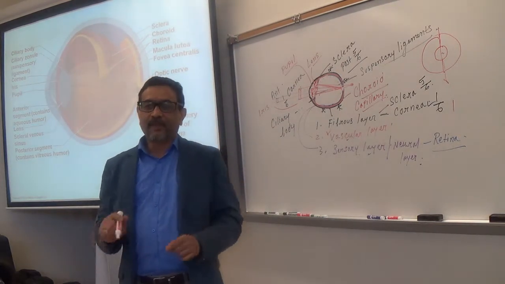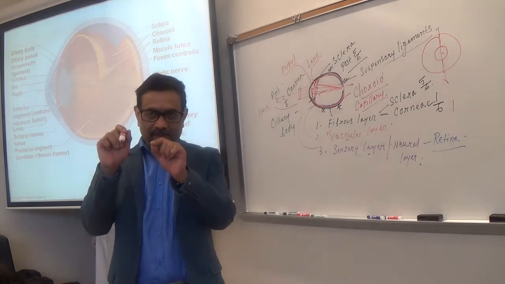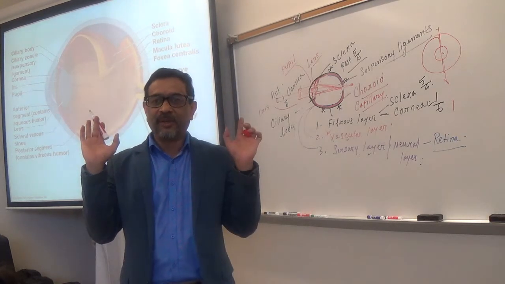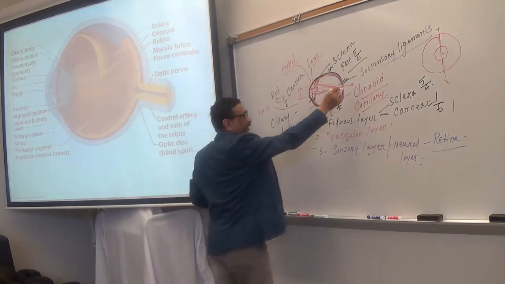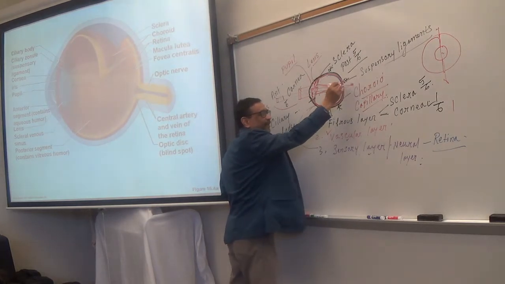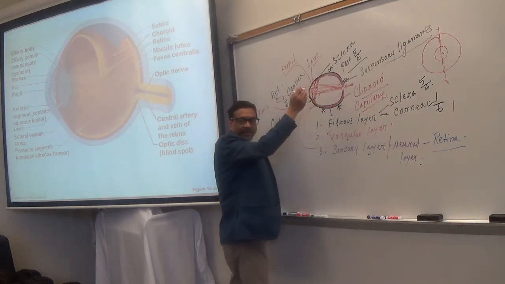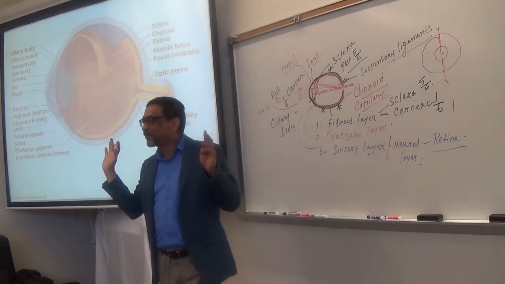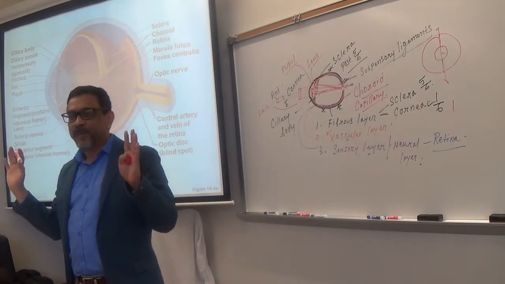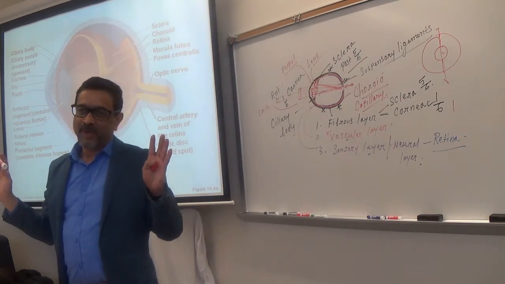The goal is bringing the focus point exactly on the retina. If it is behind the retina, you have to move it this way. If it is in front, you have to move it that way. Opposite direction, right? So that's why we use two different types of glasses, convex and concave.